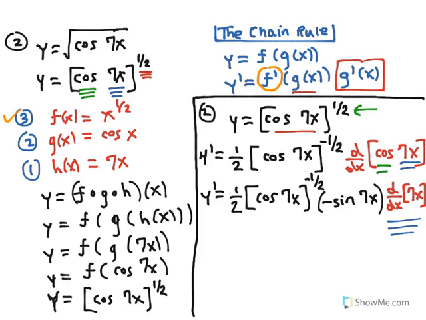So I have 7 times 1/2, which would be 7 over 2. And then I have cosine of 7x to the negative 1/2 power.